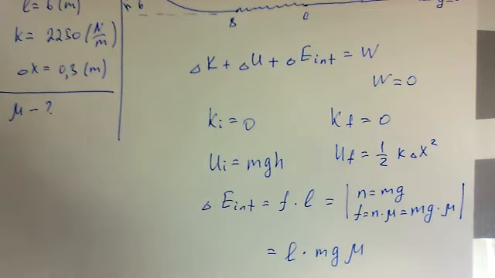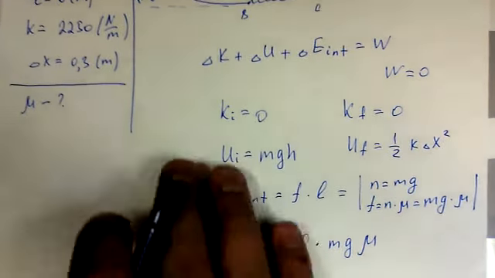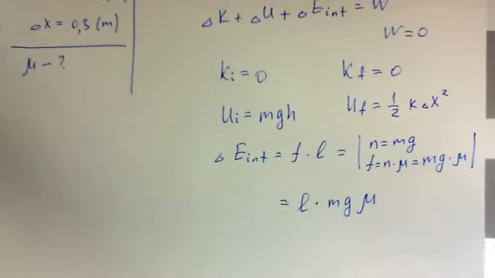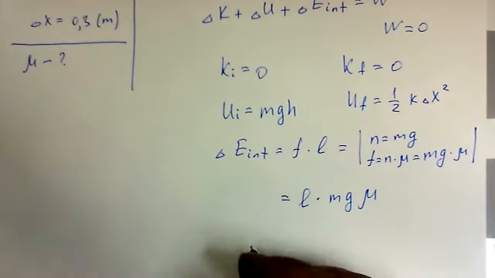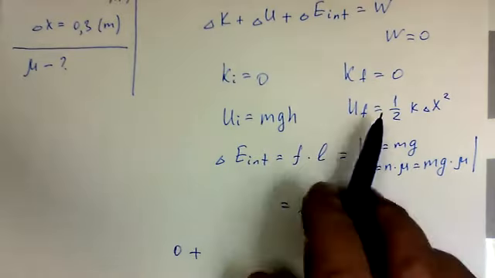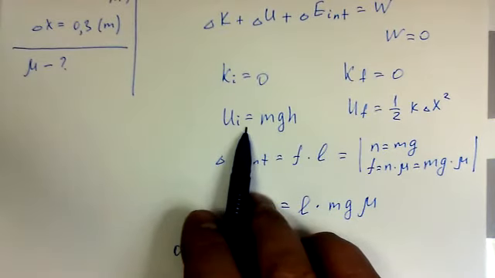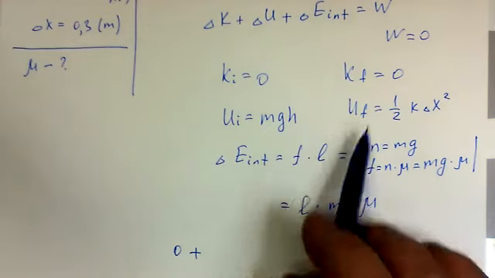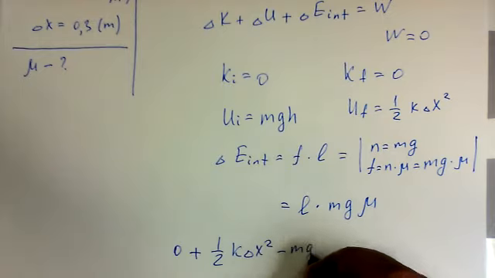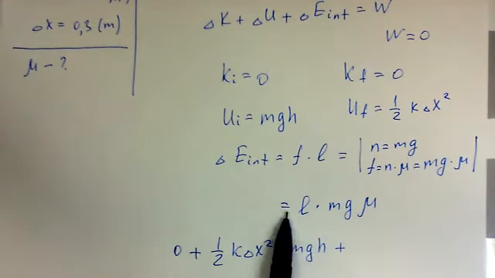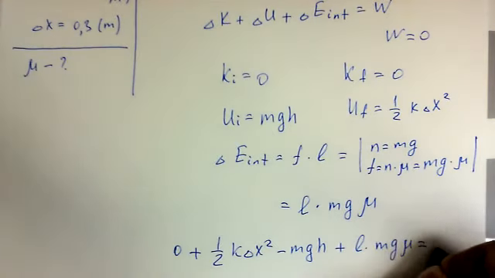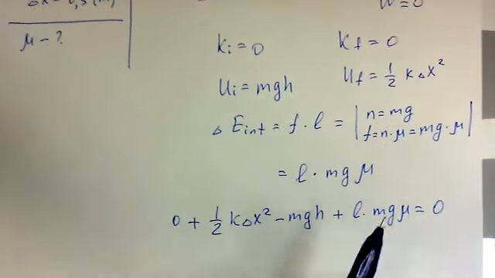So that's it. There are no other types of energies in the problem. The total change of energy would be equal to the work, which is 0 here. So the change of kinetic energy is 0, plus the final minus initial potential energy, delta U, which is 1 over 2 K delta x squared minus mgh, plus the change of the internal energy, L times mg mu, equals 0, because the work is 0.